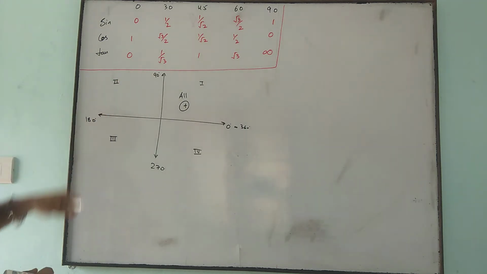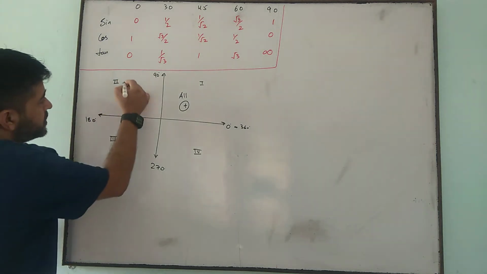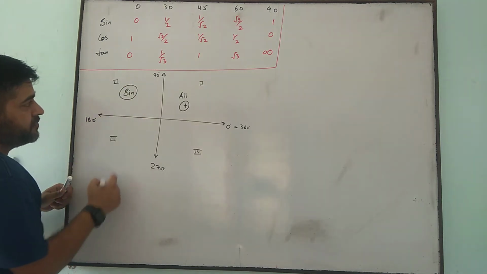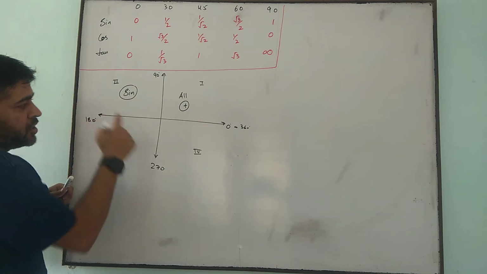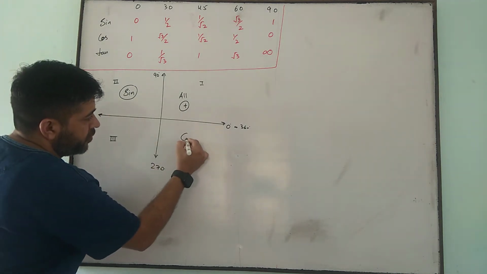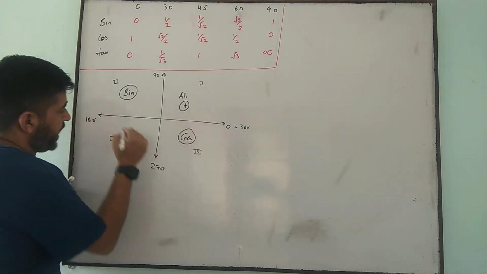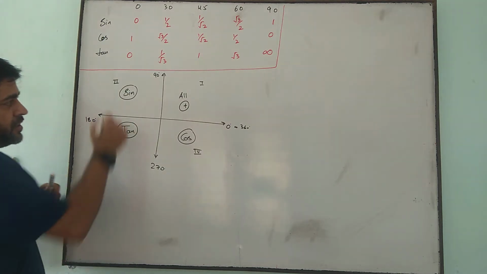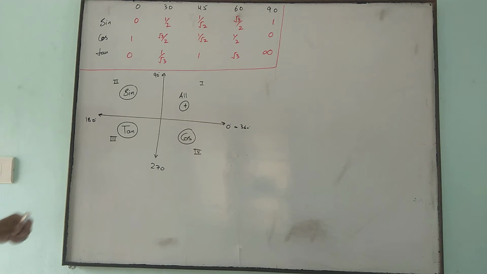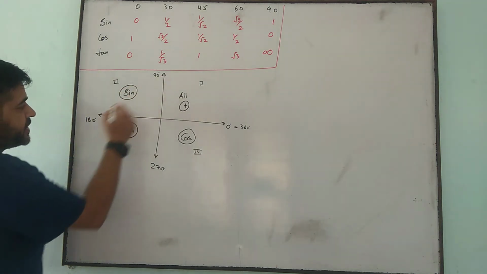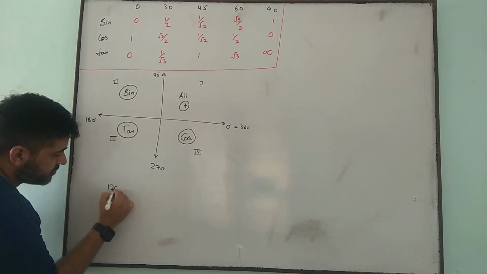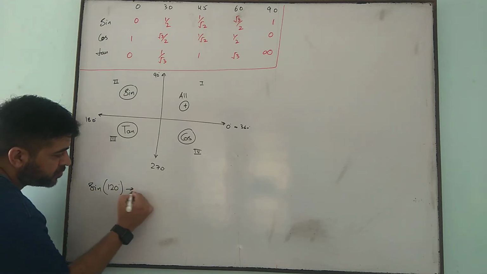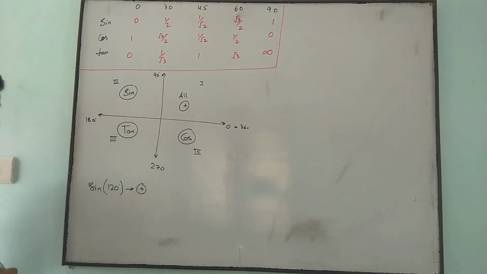Then for the second quadrant, sine will be positive. Sine will be positive in the second quadrant, cos will be positive in the fourth quadrant and tan will be positive in the third quadrant. Now what does it mean that it is positive? It means if you take any angle from 90 to 180, let us say 120, and you take its sine, sine 120, you will always get a positive result.